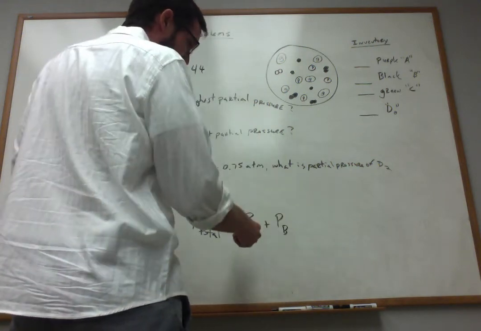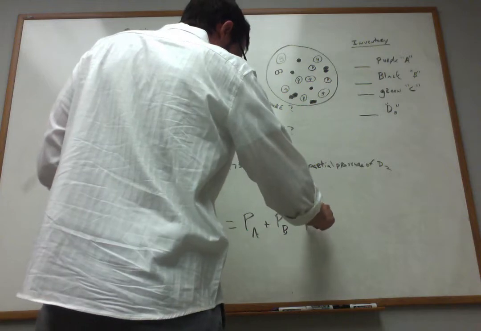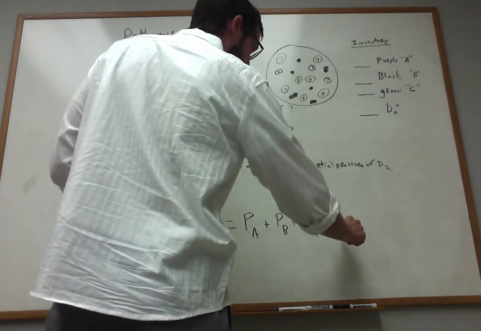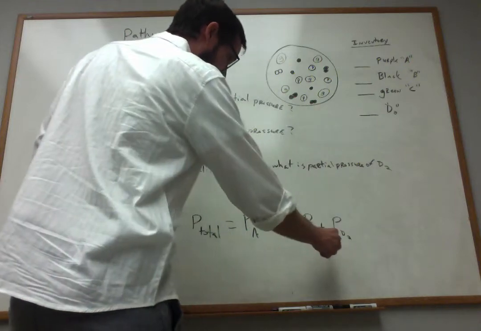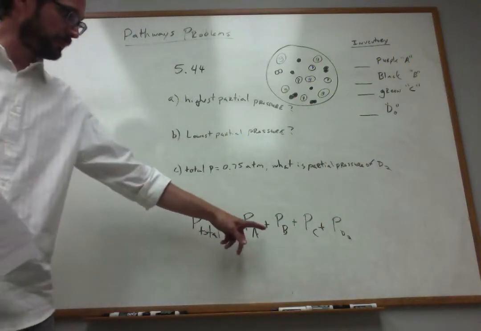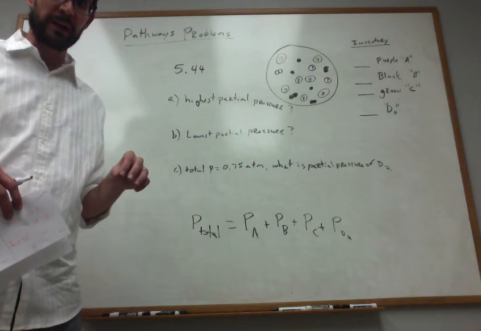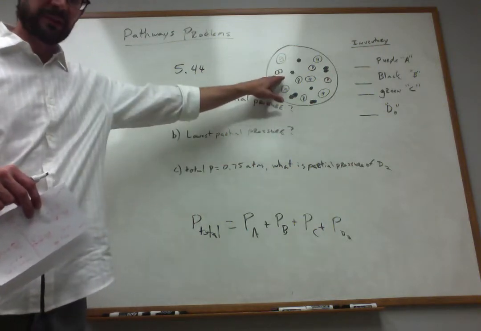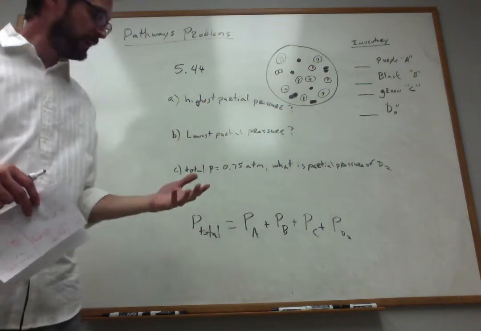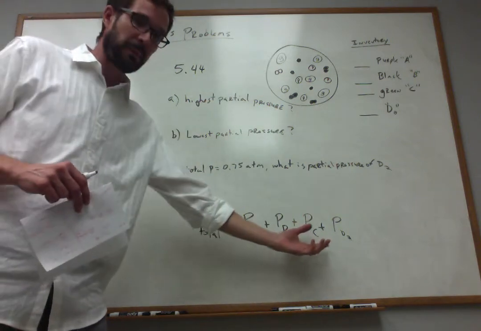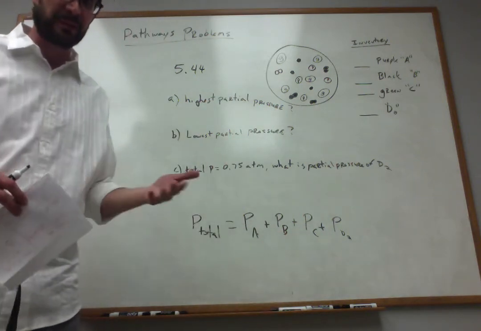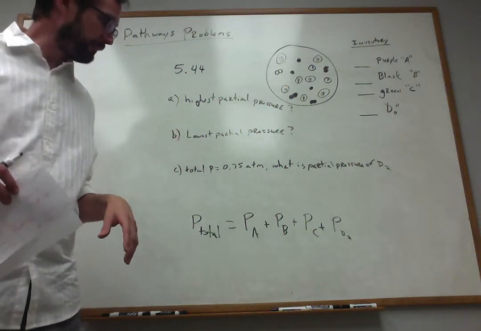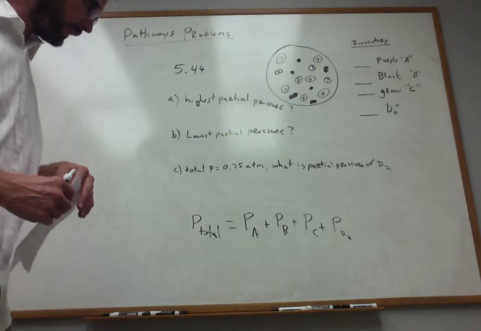So in this case, that would be PA plus PB plus PC plus PD2, where each one of these partial pressures is the pressure exerted by the number of moles of gas that's in our closed container. So the total pressure is just the sum of the partial pressures. You just add up the pressures of each component, and that's your total. That's pretty straightforward, right?